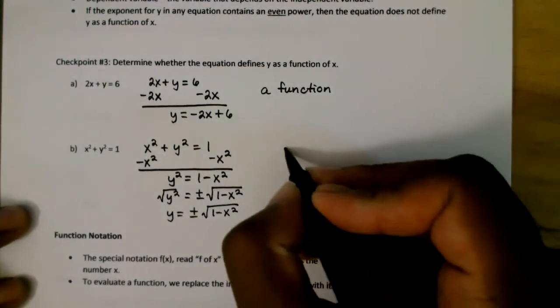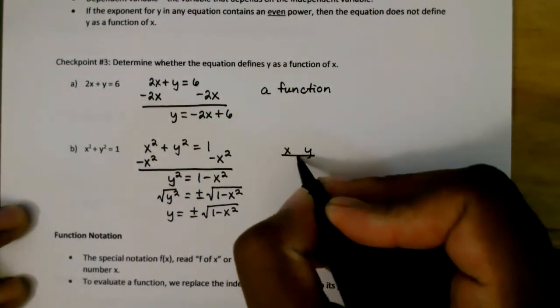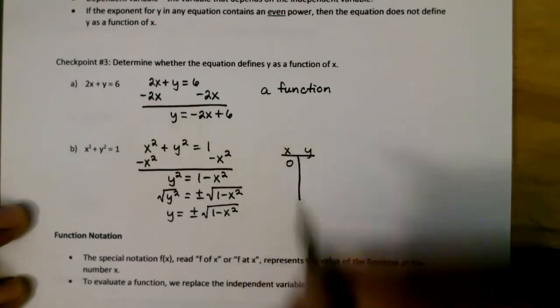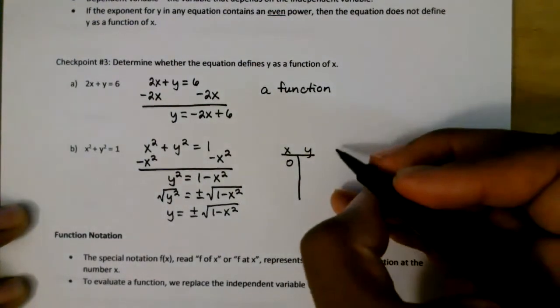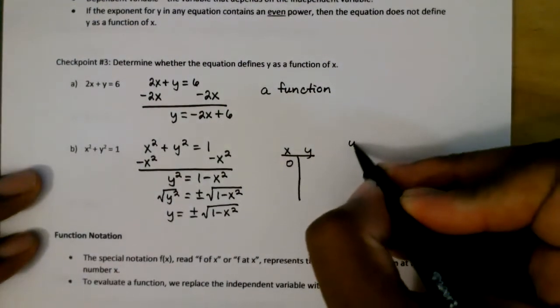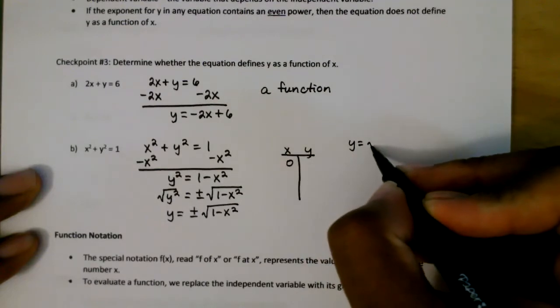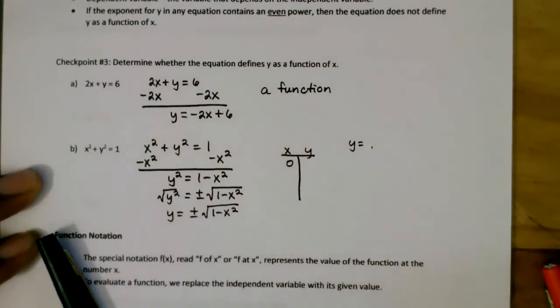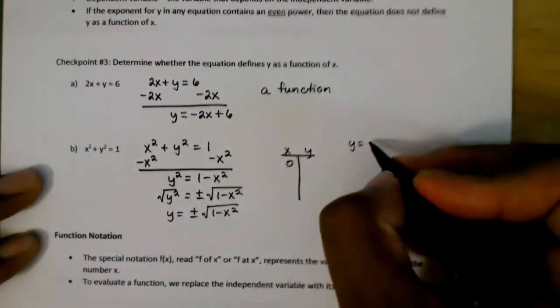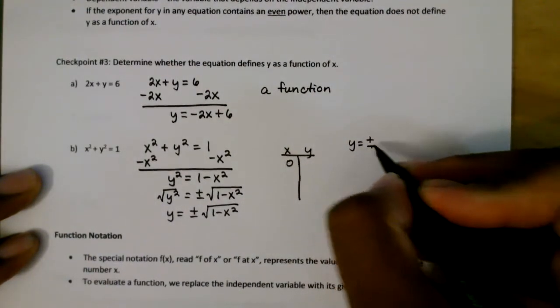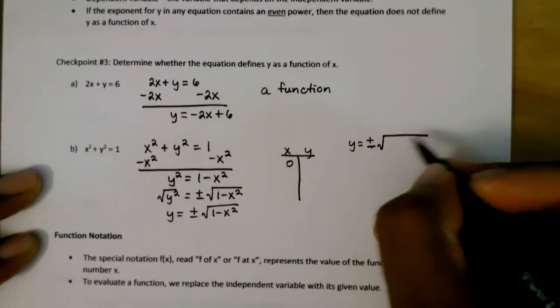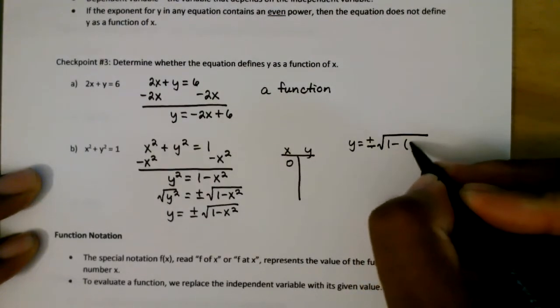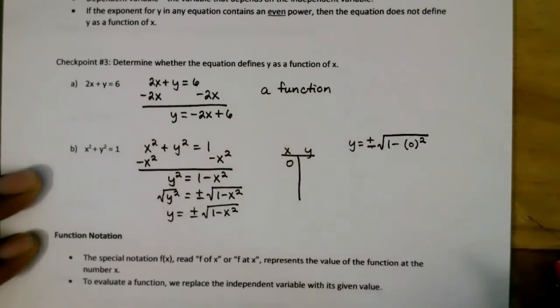Like for example, let's say x is equal to 0. So I'm going to take this and substitute 0 in for x. So this will be y is equal to plus or minus the square root of 1 minus 0 squared, because I'm substituting the x with 0.